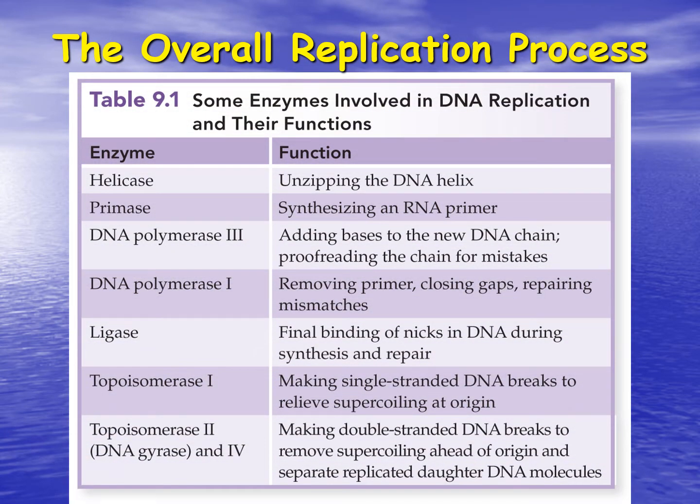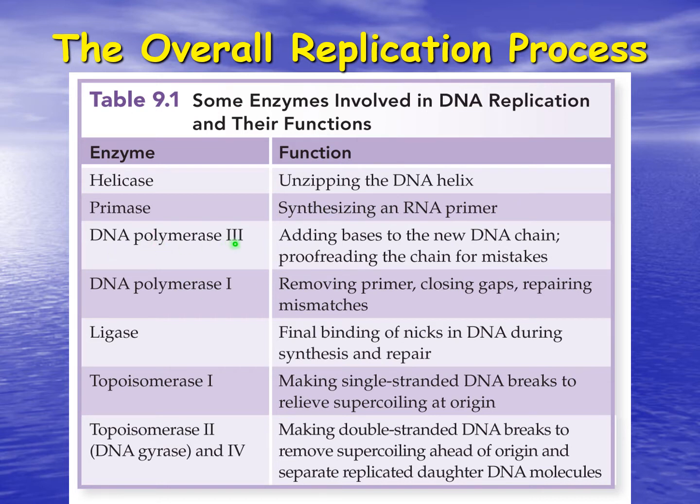The overall replication process of DNA requires some enzymes, and so we need to talk about these first. Helicase actually unzips the DNA helix, separating the two halves and forming what's known as the replication fork, where the two strands are separated. RNA primase will actually synthesize an RNA primer.